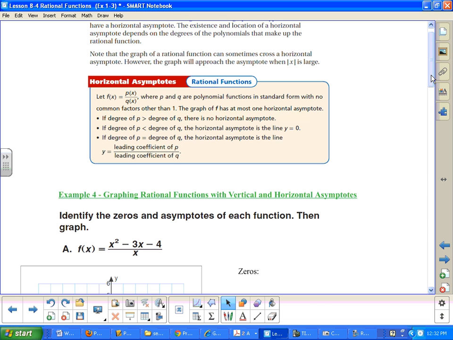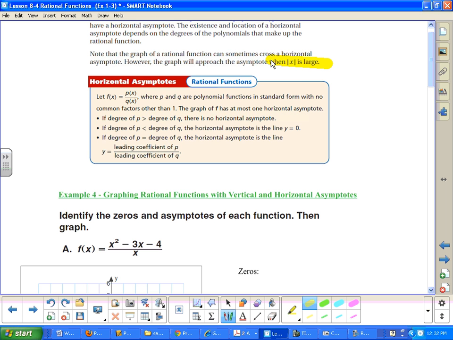Well, in that case, we're talking about when the values of x, or the absolute value of x, is really large. In other words, we're talking about what happens when x is really, really big, or what happens when it's really small. So really big numbers and really small numbers.